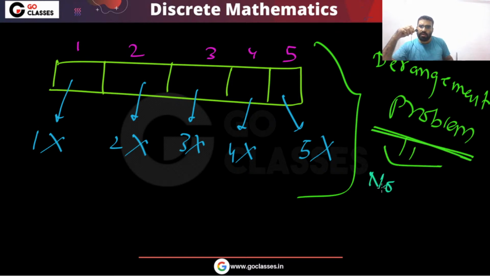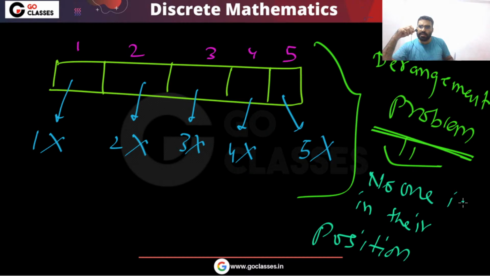No one has their value. No one is in their position. So this is a derangement problem. For example, this person cannot have value 1, this person cannot have value 2, this person cannot have value 3, this person cannot have value 4, this person cannot have value 5.